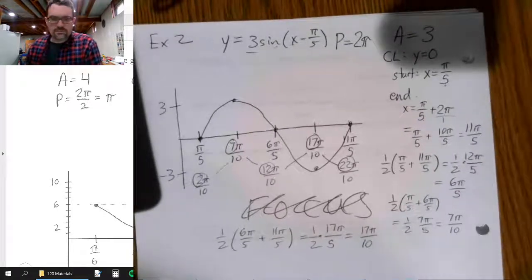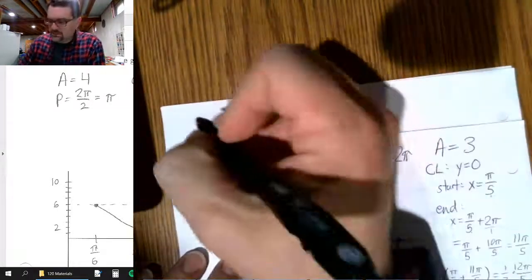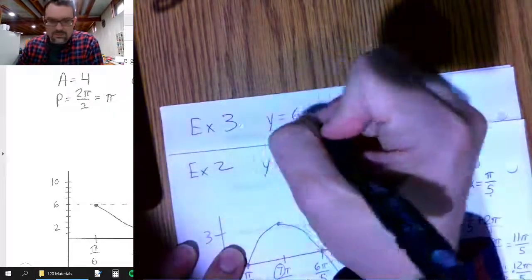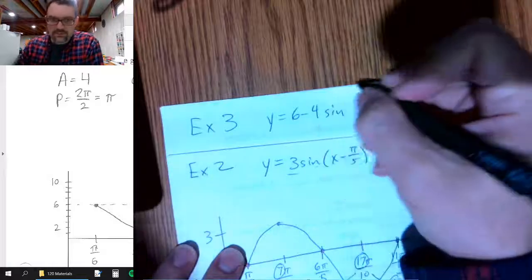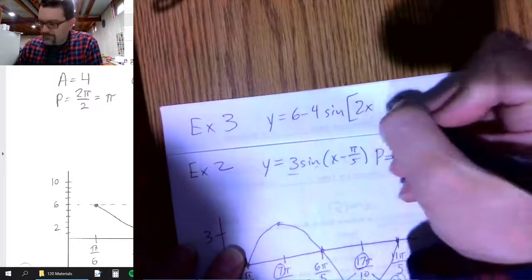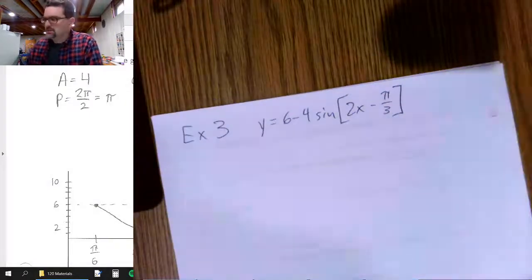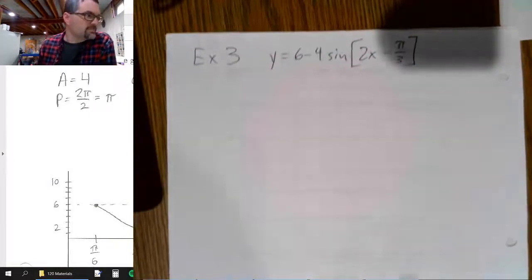All right. So next one is example 3, y equals 6 minus 4 sine. Now there's one little issue that pops up with this guy.